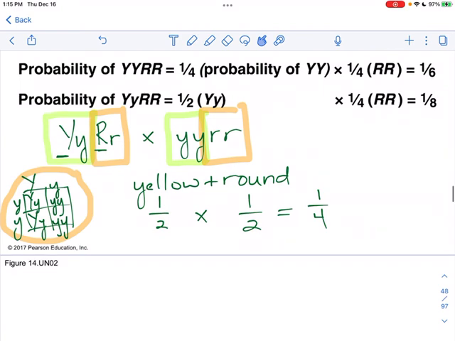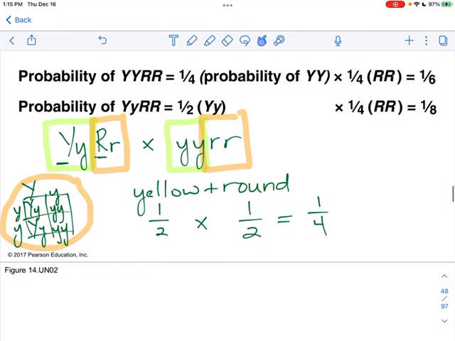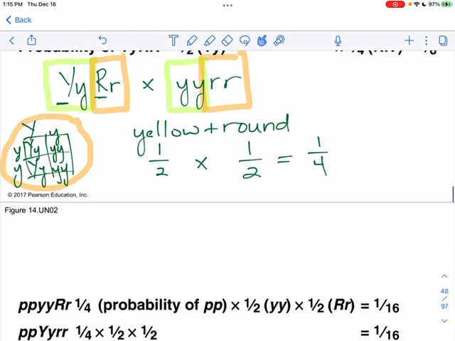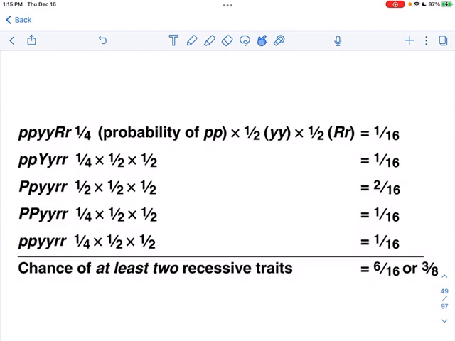There are limitless different probability problems that we can work through. The key here is that I just want you guys to understand how we're building these probabilities, and when we would need to add probabilities together, like what you see here, because there are multiple different ways of getting a particular outcome that you're being asked for.